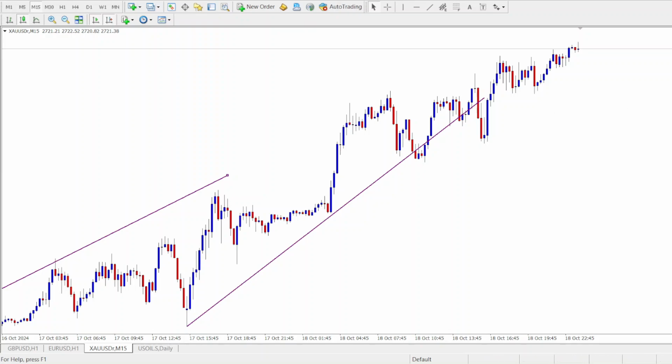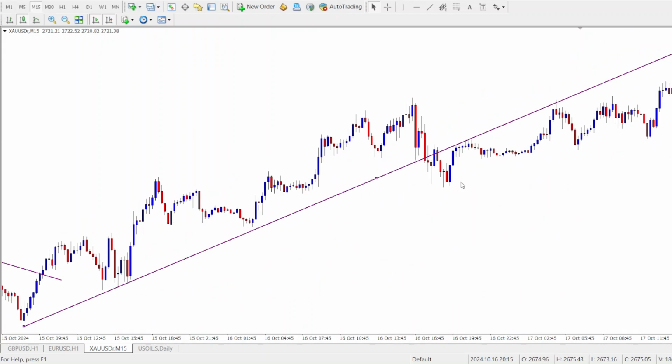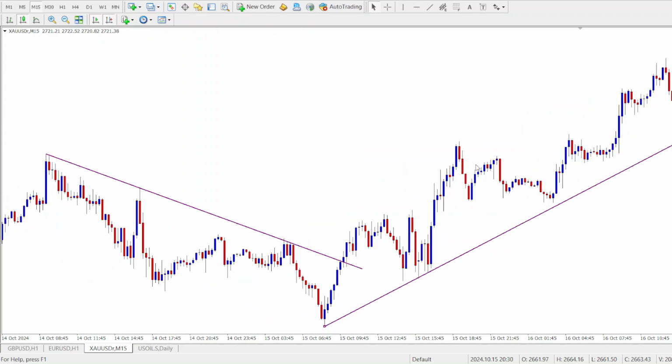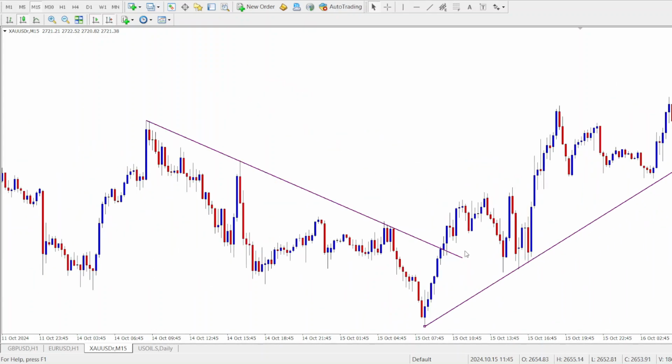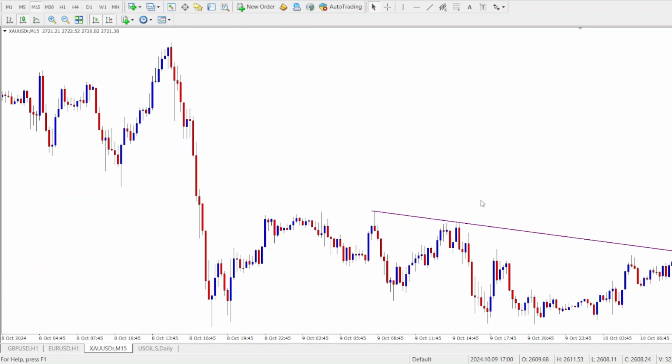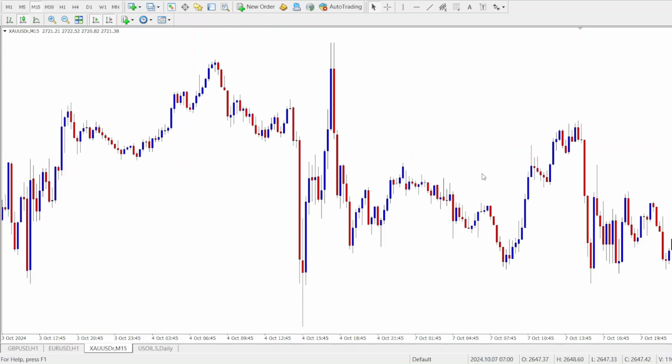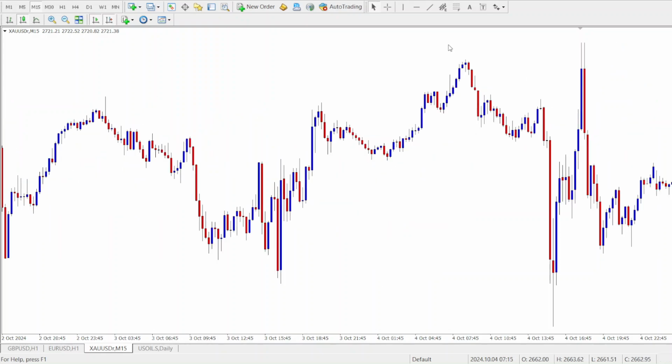Now, how do you use trend lines to spot reversals? Basically, a break of a trend line can indicate a potential reversal in market direction. For example, if the price of an asset breaks a trend line downwards, let's look for a good example.